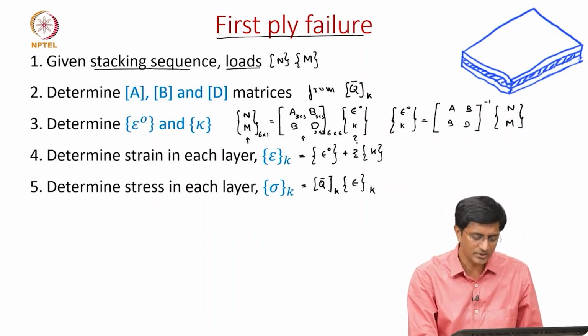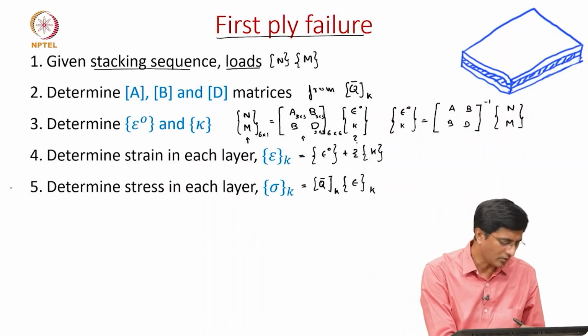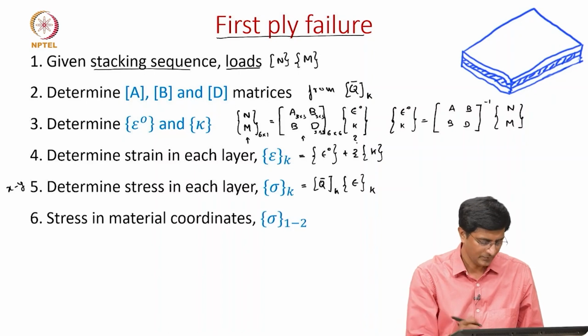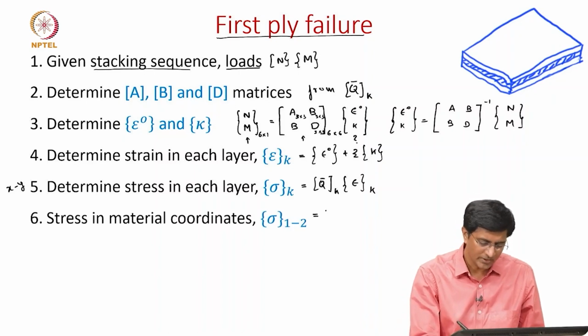If we notice, these are actually in the body coordinates xy. So let's transform these stresses in the body coordinates to the stresses in the material coordinates. How do we do that? By simply applying the transformation matrix T times the stresses in the body coordinates.